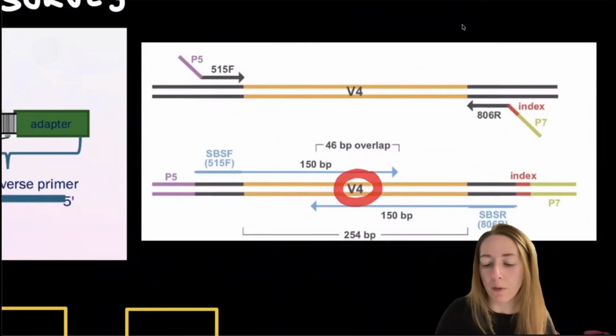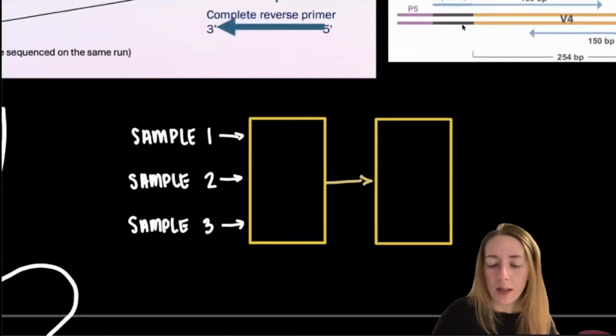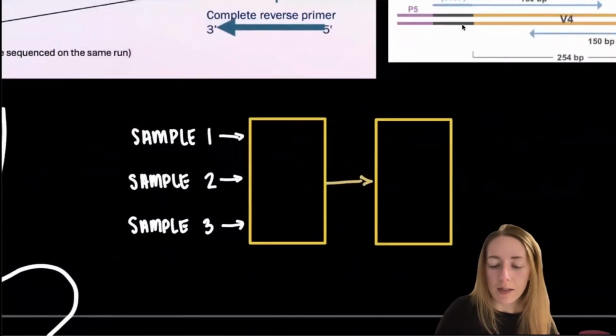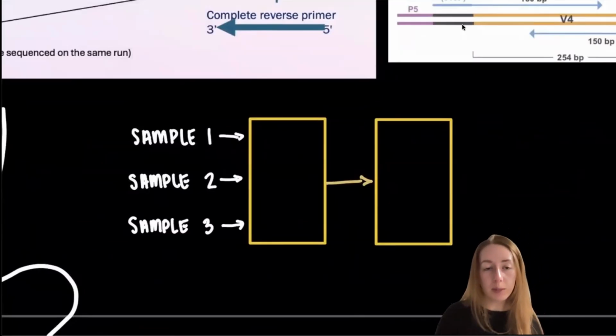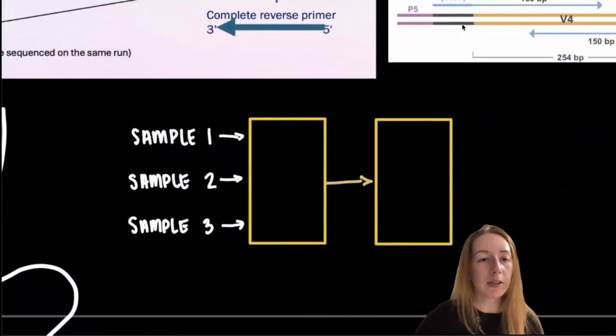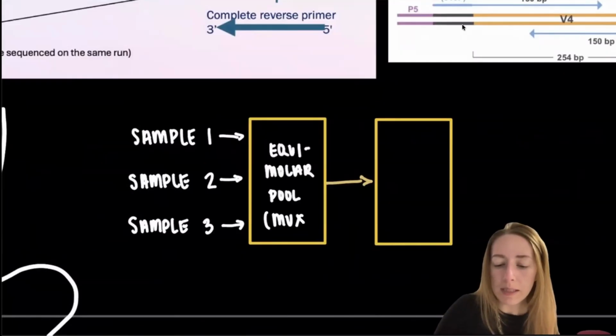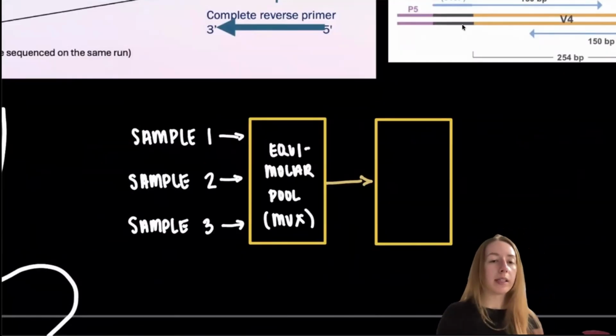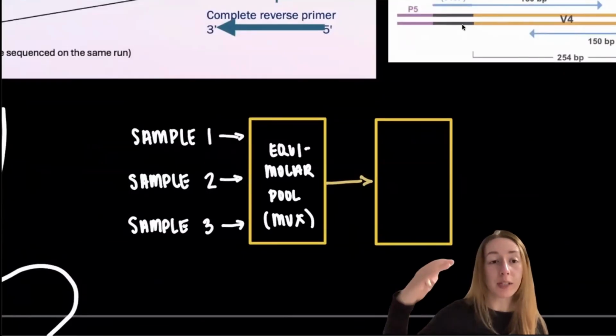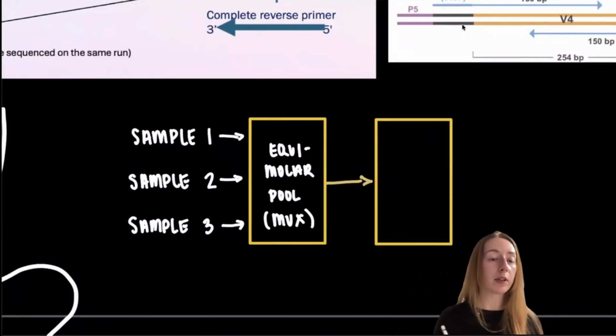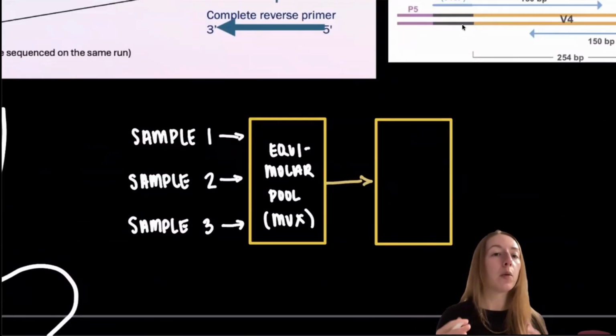This is looking at the variable 4 region, roughly 254 base pairs right there. And this is just an example of what multiplexing and demultiplexing will look like. Let me show you here. Basically, we're combining all of our samples into one tube in an equimolar pool. So that means that each sample is going to have an equal concentration, so they have equal representation.